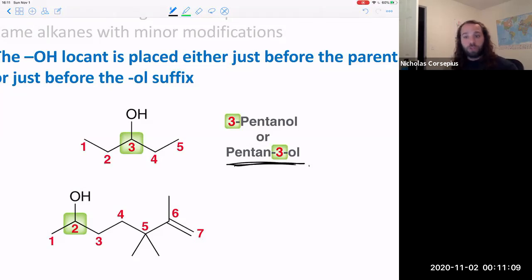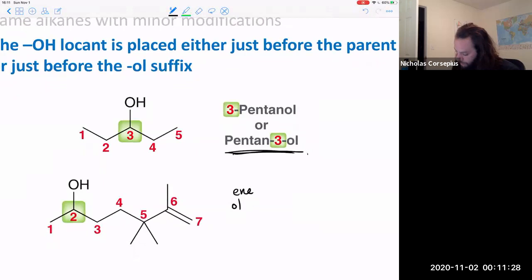And that's when you have two of these functional groups that are both suffixes, right? So in this case, double bonds would be these -ene suffixes. And then we have the alcohols, which is the -ol suffix. So if we're going to name something that has both of these functional groups in it, I guess first let's note that we have 1, 2, 3 methyl groups. So this is still 5,5,6-trimethyl.